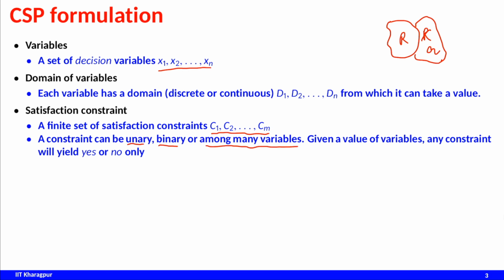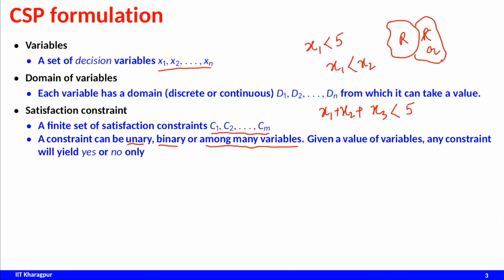When it is a unary constraint, I can say x1 is less than 5. So that is a unary constraint. I can have a binary constraint like x1 is less than x2, and it can have more than one variable, like x1 plus x2 plus x3 is less than, say, 5.